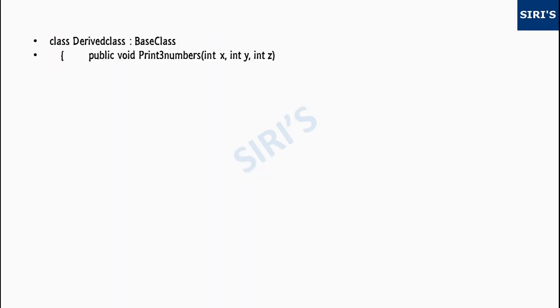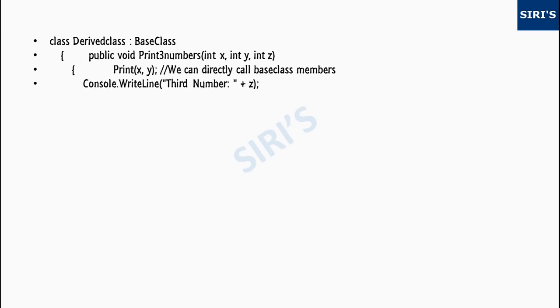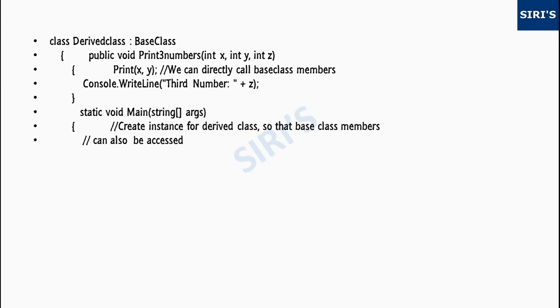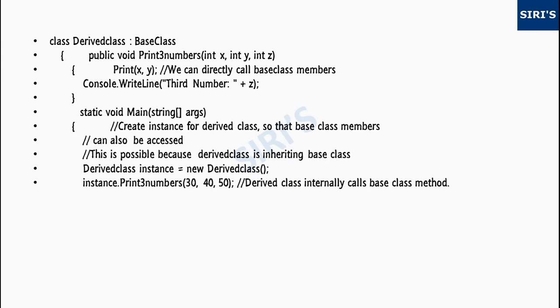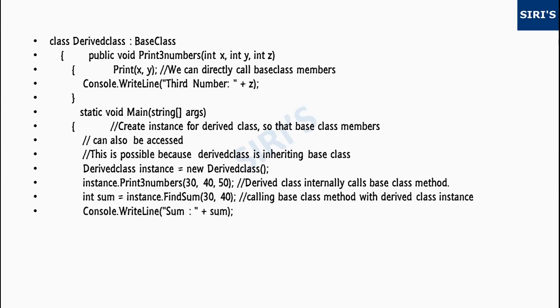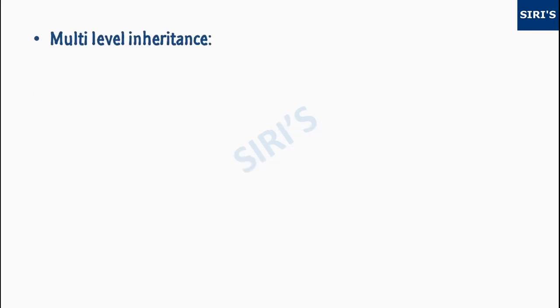Then we call the derived class where we declare a method, and we call the sum. Here it will be used only once. Single inheritance is similar to the previous one.